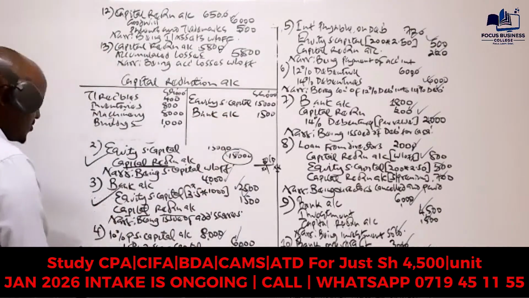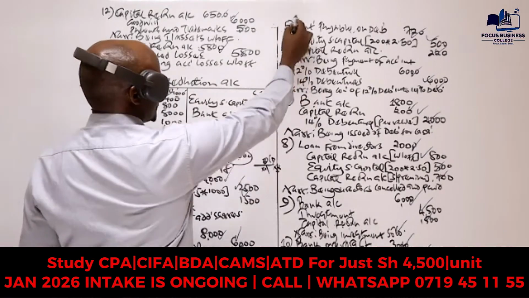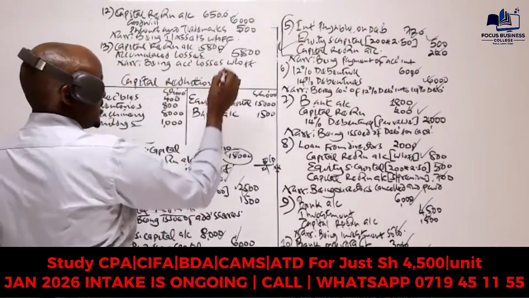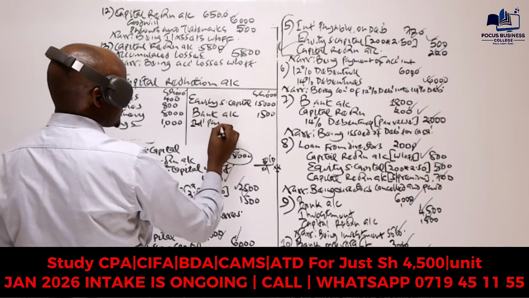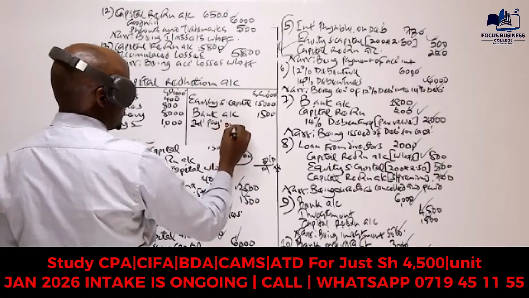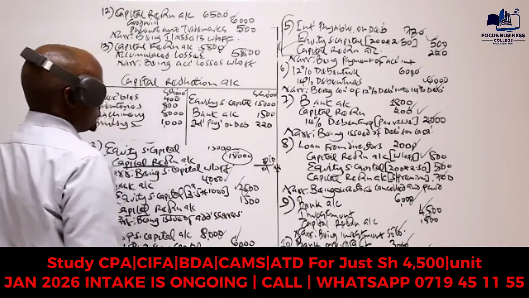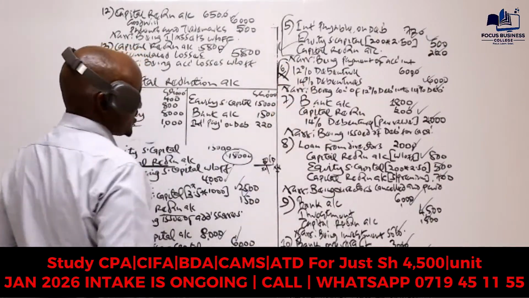Does the next entry affect the capital reduction? No. Journal entry number 5: is the capital reduction being affected? Yes, the capital reduction account is to be credited. The debit entry is in the interest payable on debentures, which is 220. In the next journal entry, capital reduction is not affected.